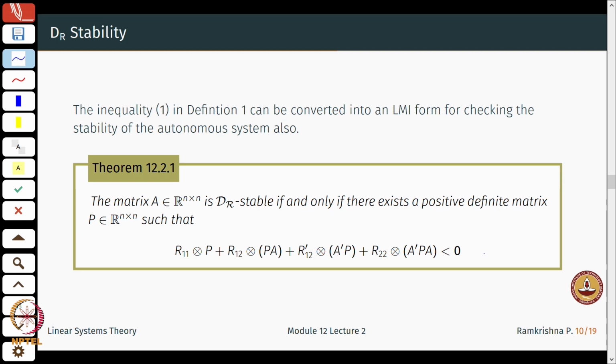One result, from a reference mentioned towards the end of the slides, says that a matrix A is D_R stable, with these regions defined by the choice of matrices R11, R12 and R22, if and only if there exists a positive definite symmetric matrix P such that a relation like this holds, where this is the Kronecker product between two matrices.